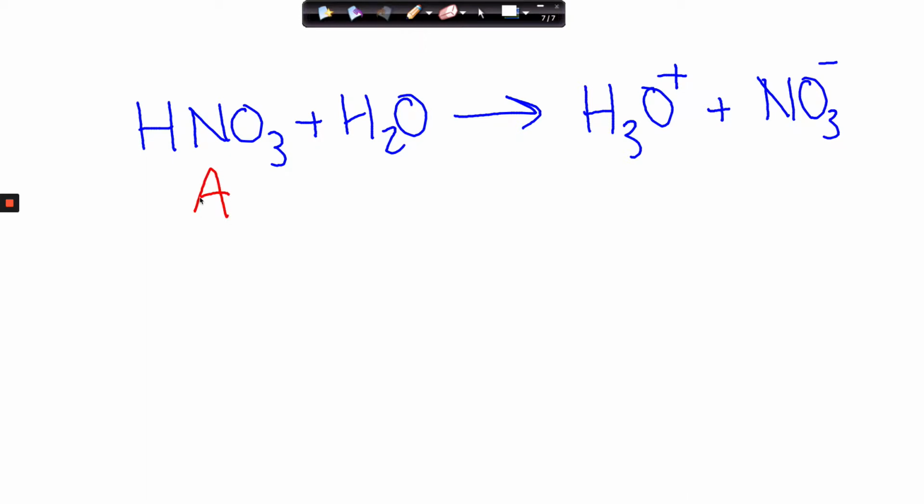I know it's true. And so, guys, if nitric acid is the acid, that of course makes water the base. But some of you may be thinking, wait a minute, can't water also be an acid? And the answer is yes. And what is the name that we give to a substance that can be either acidic or basic? Amphoteric. We'll come back to it later. Don't write it down now, but water can be both.